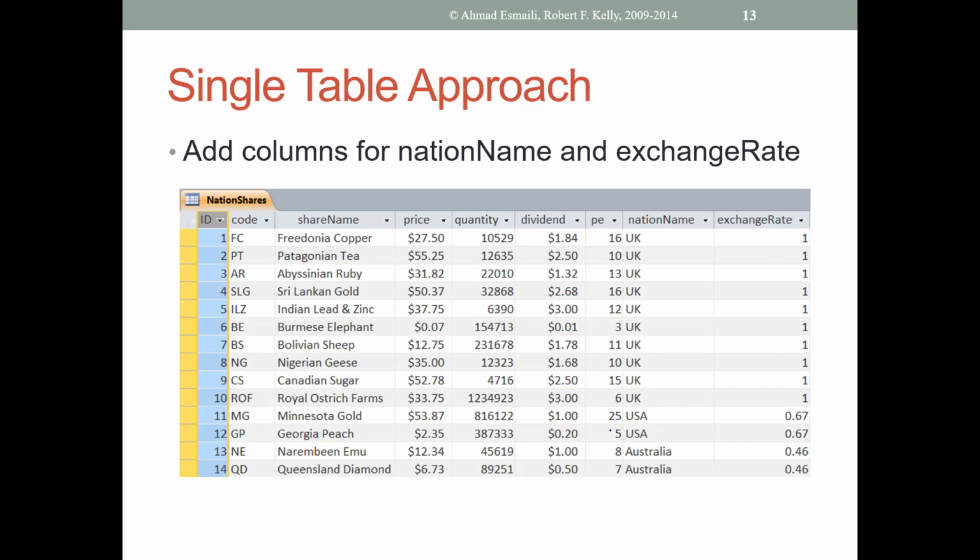Then we have a couple of shares after that which are listed in USA and we have the corresponding exchange rate. And similarly, the last two are the shares listed in Australia and they have the exchange rate that corresponds to Australia. Now, something which is very intuitive right here you can figure out, and that is about the redundancy, right? So redundancy is a technical term that we use in databases.